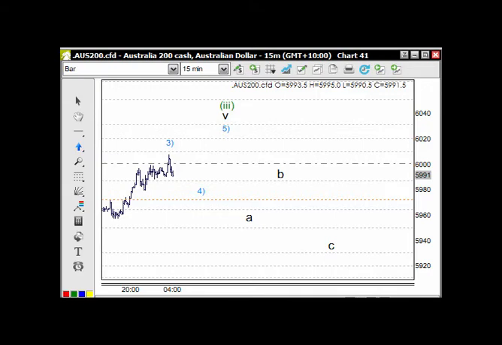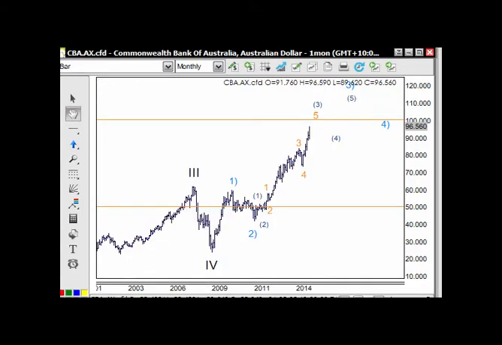Now I'm just going to go to CBA here because I said that I would, and I just really want to point out that this was the GFC here, and the XJO hasn't made a new high above this high here yet, but you can see that obviously the banks, and this anyway, have pushed much higher through here.